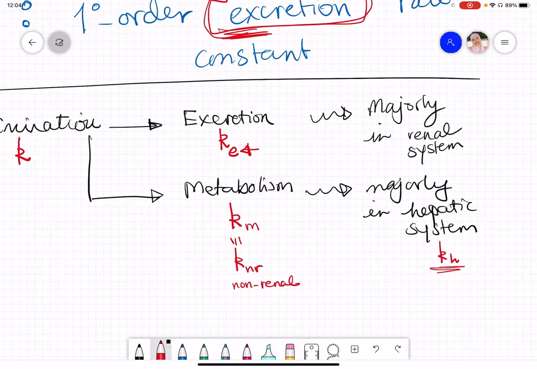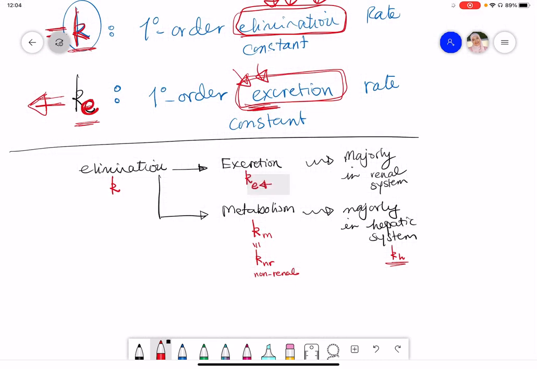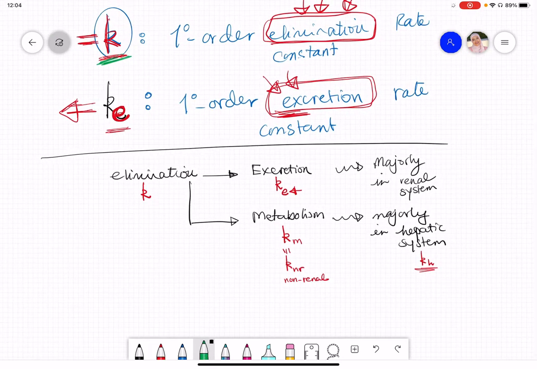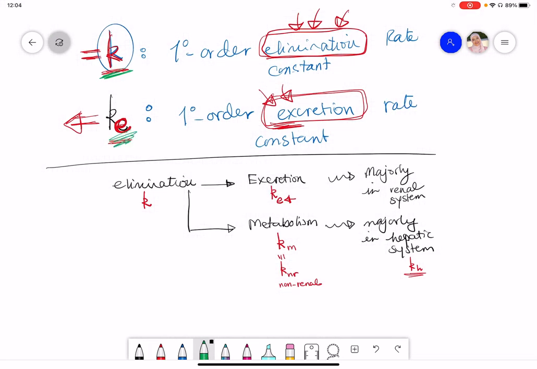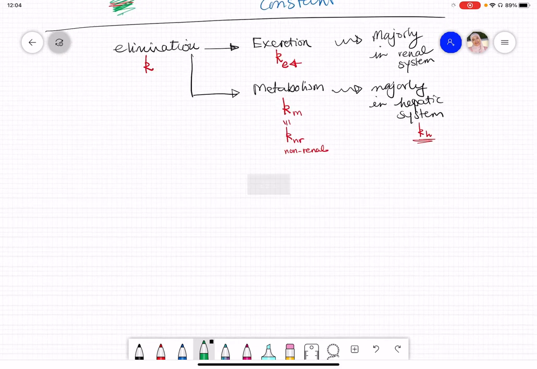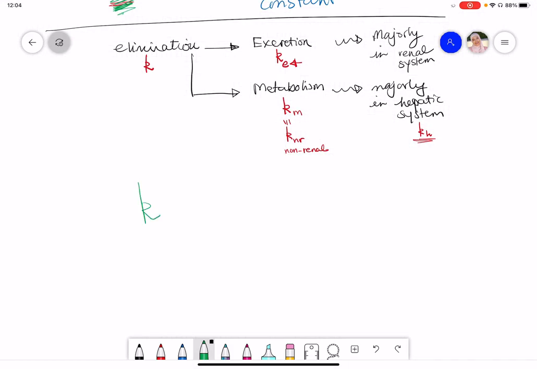But anyway, let's consider that we have the total elimination rate constant, and we have the excretion rate constant, through whatever is excreted in the urine. So if we have this and we have this, can we determine the other according to what we know earlier? We know that K is equal to the sum of all the K's of the different processes, whether metabolism or excretion, right?